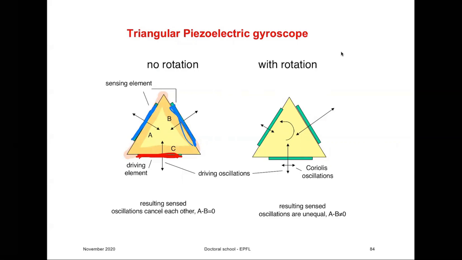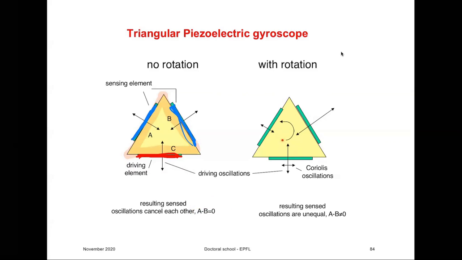Now, if this one is forced into vibration, it will emit an acoustic wave into this pyramid prism, and the charge that is produced by these two identical transducers will be exactly the same. If you subtract their signals, you will get 0.